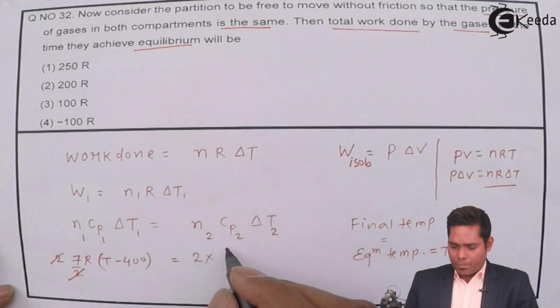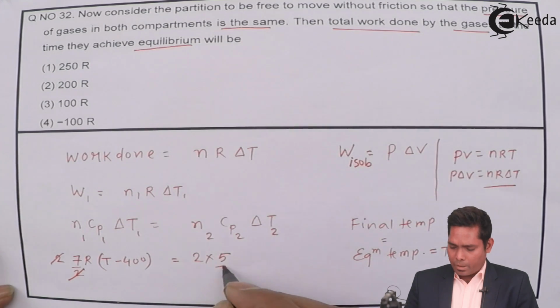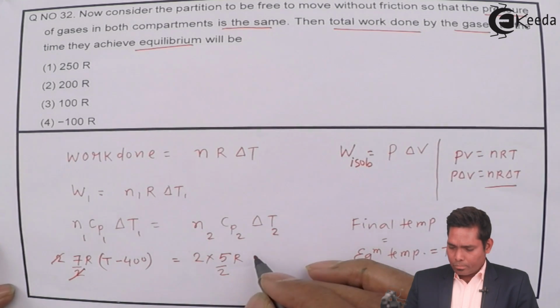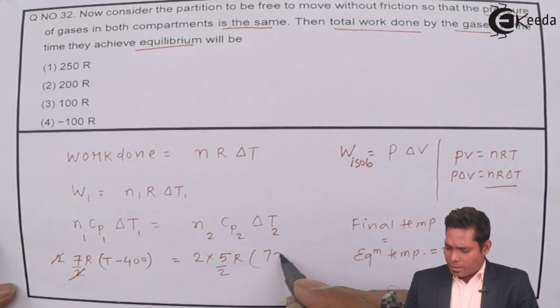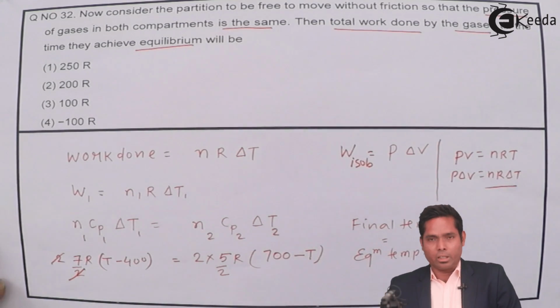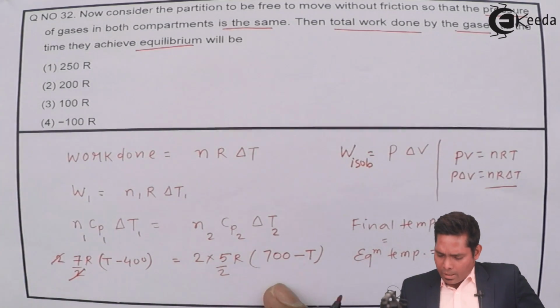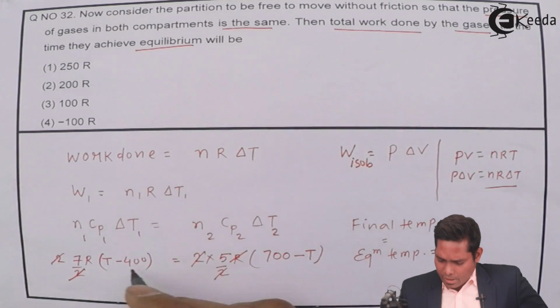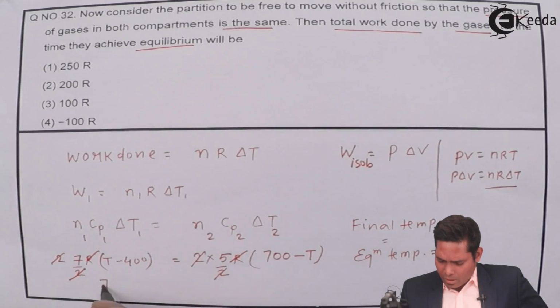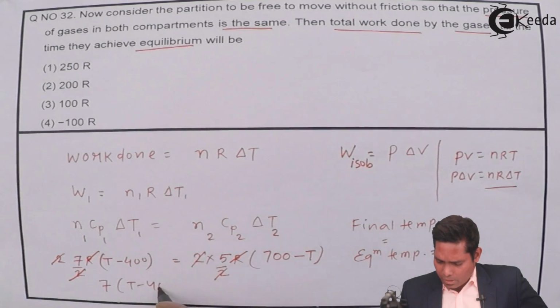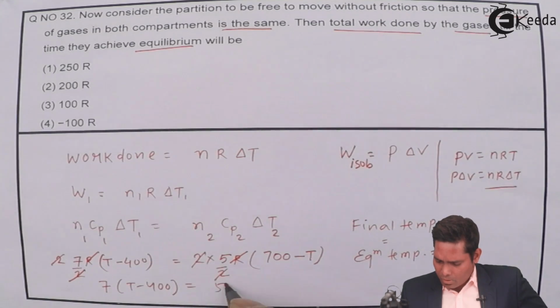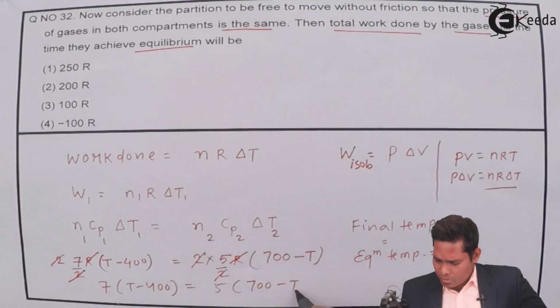Cp for monoatomic is 5/2 R, and that temperature goes from 700 and reduces to T. So there is a difference in temperature. Then 2 will cancel, R will cancel. 7 into T minus 400 becomes 5 into T.